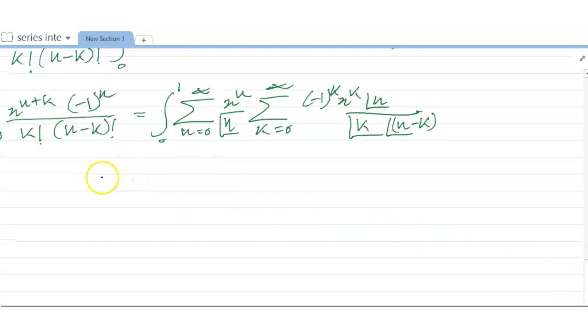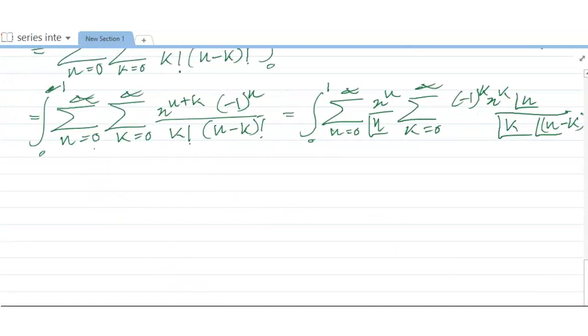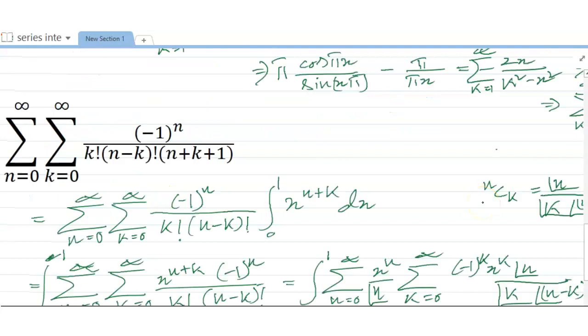After that, the integral from 0 to 1, n equals 0 to infinity, x to the power n divided by n factorial. The question is slightly wrong here, so I just correct it.